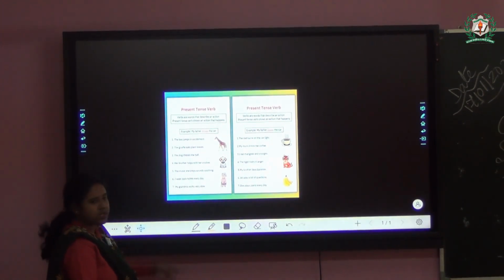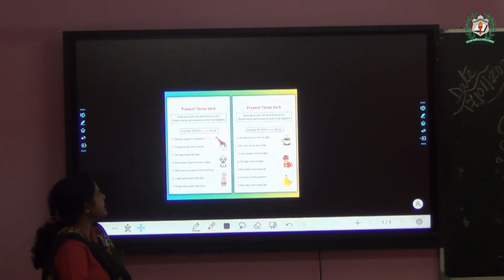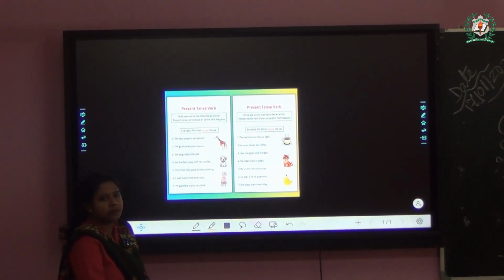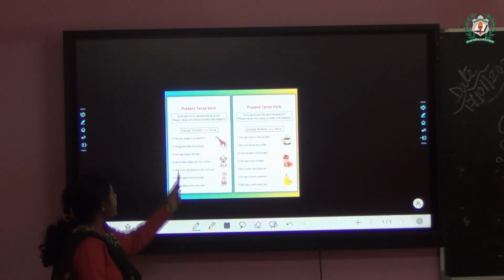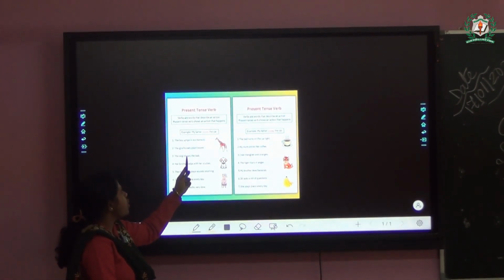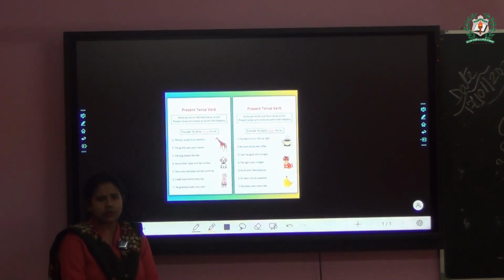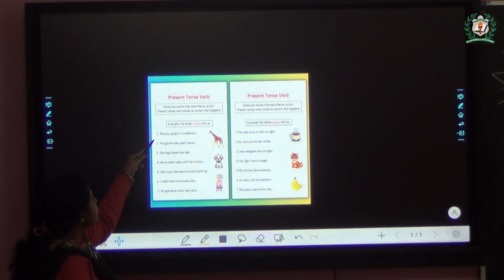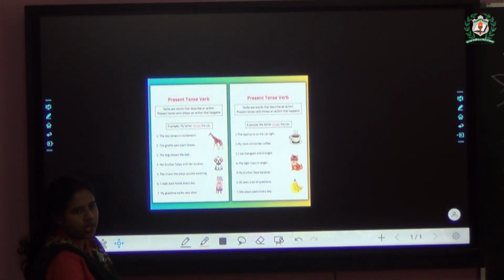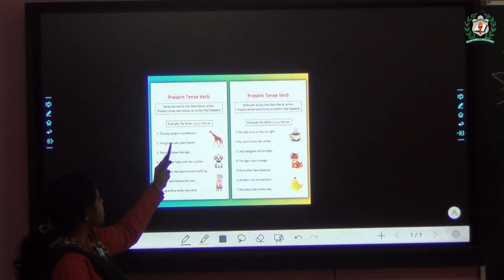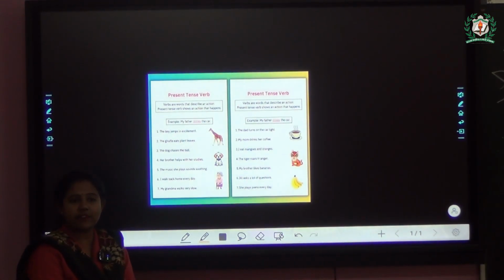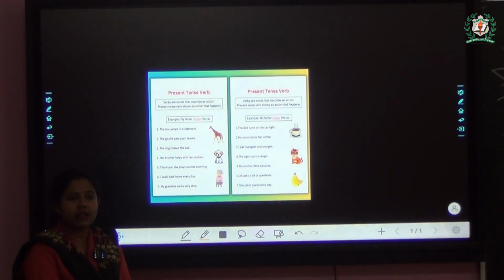So, have you noticed something, children, here? That in present tense, whenever we are writing the present form of that particular verb, we are adding an s in each of the cases. But why? We should know that. In these cases, first we have to look at the subject of the verb. The boy jumps in excitement. What is the subject here? Everybody say with me, what is the subject here?